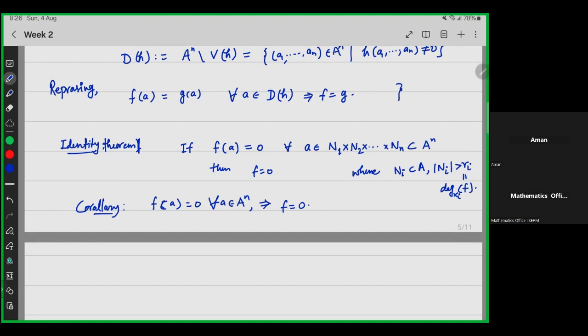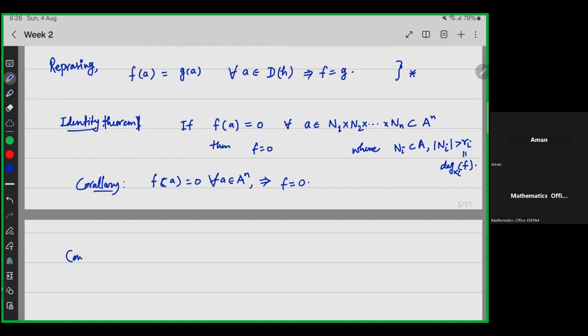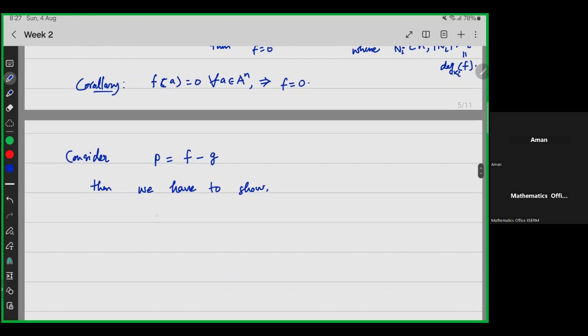So rephrasing our question again, if we consider P equal to the polynomial f minus g, then we have to show that if P(a) is equal to 0 for every a belonging to D(H), then P is equal to 0.